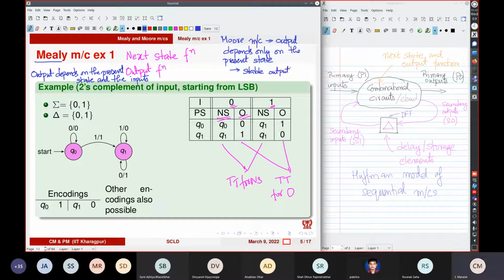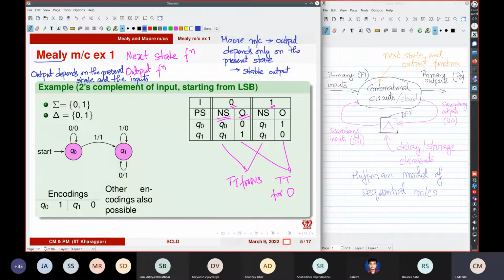Because as you have seen, in the present state, if you keep changing the input, the output will also keep changing. So if you want the output to be stable, this Moore machine is a better choice.